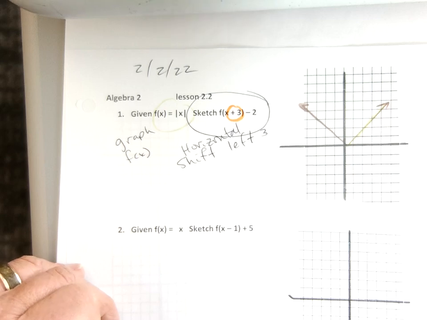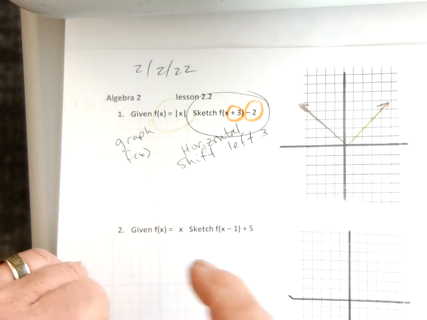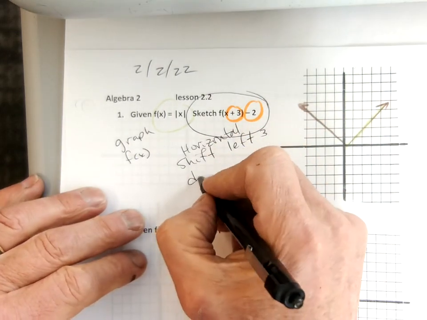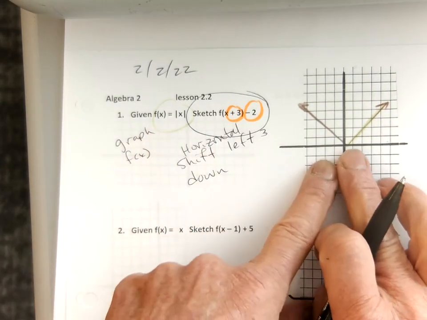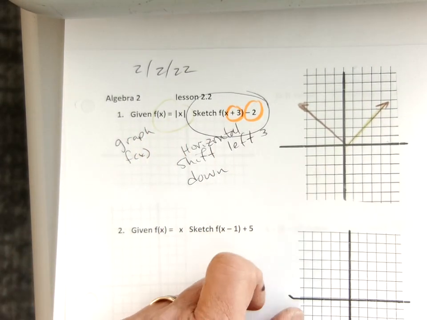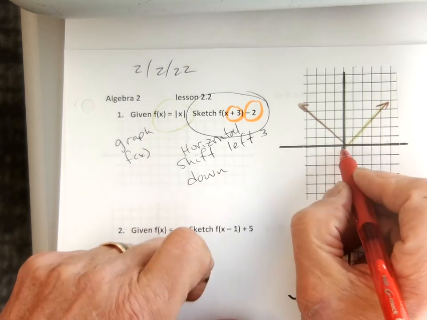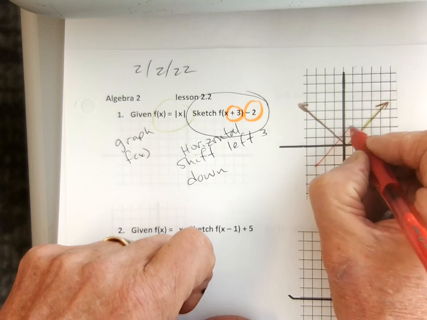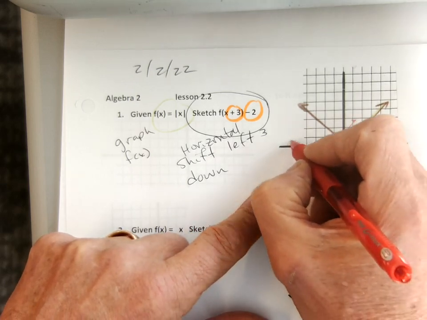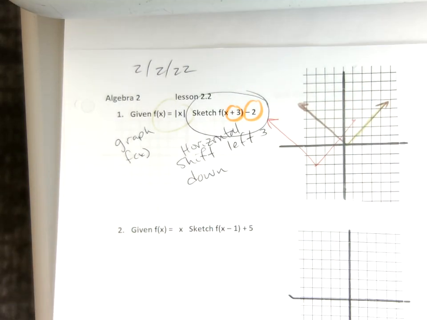And then down 2. That's all this says. So you have to recognize what your function is, absolute value, and then move it. So I'm going to go 1, 2, 3, 1, 2. And that's it. So it's really not hard. We just have to figure out what is it trying to say.